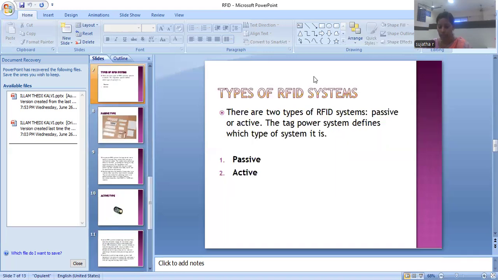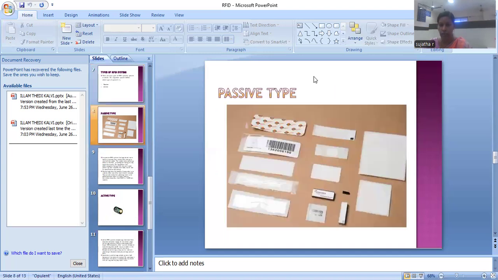What are the types of RFID? There are two types: one is passive and the other is active. Passive is very cheap, because only the absorbed or reflected energy is used. The chip sits between two thin layers.